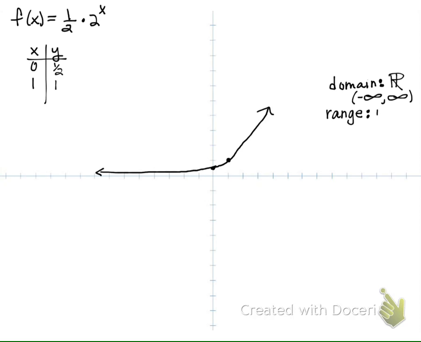So I can write it like this. I can write that my range, my y values, will always be bigger than 0. Or I could write it like this. I could use a parenthesis, not a bracket, because it's not inclusive of 0. I could say my values go not inclusive of 0, but all the way up to infinity. So there's my range.